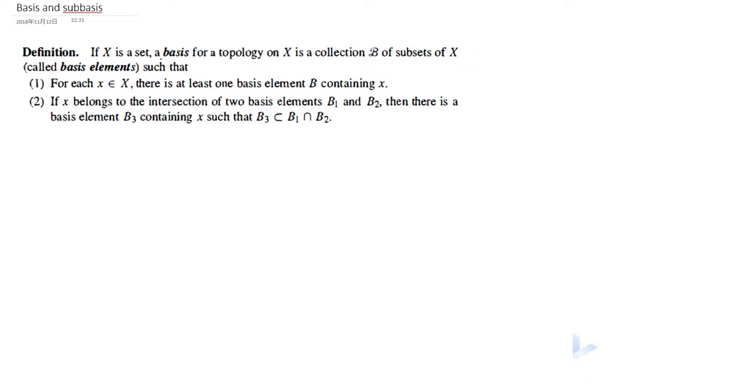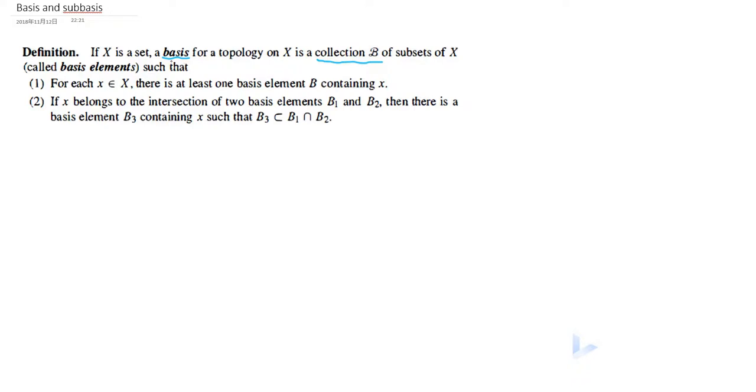So we can say a basis on a set X is actually a collection called B, and the elements of the collection are the subsets of X, and those elements are also called the basis elements. And the basis elements satisfy the two properties like those.